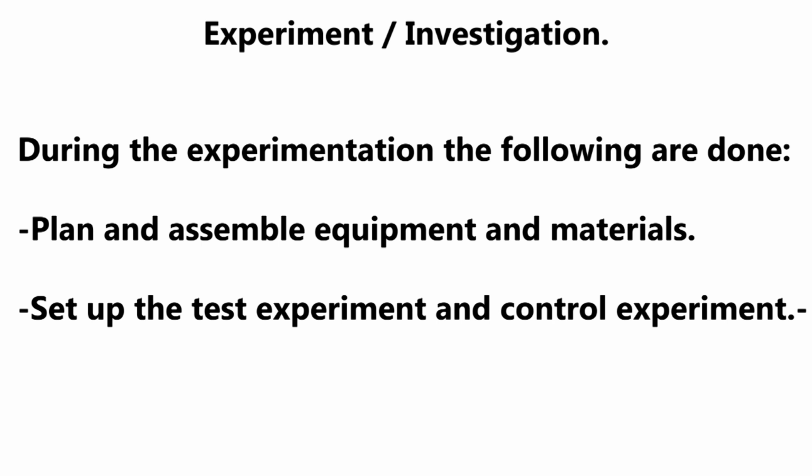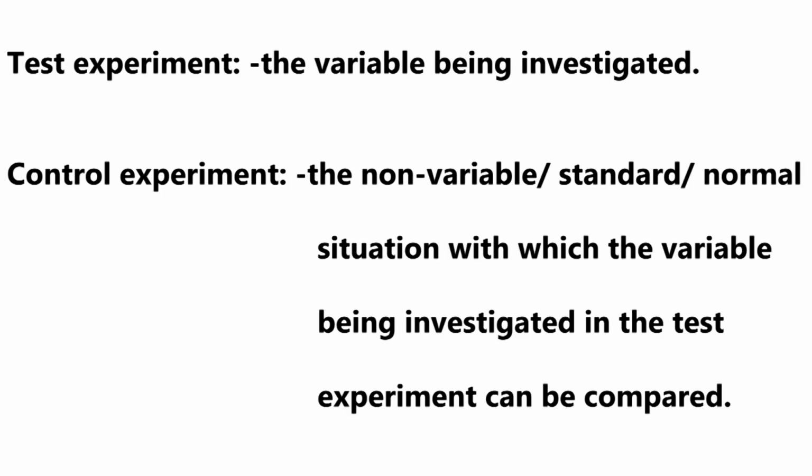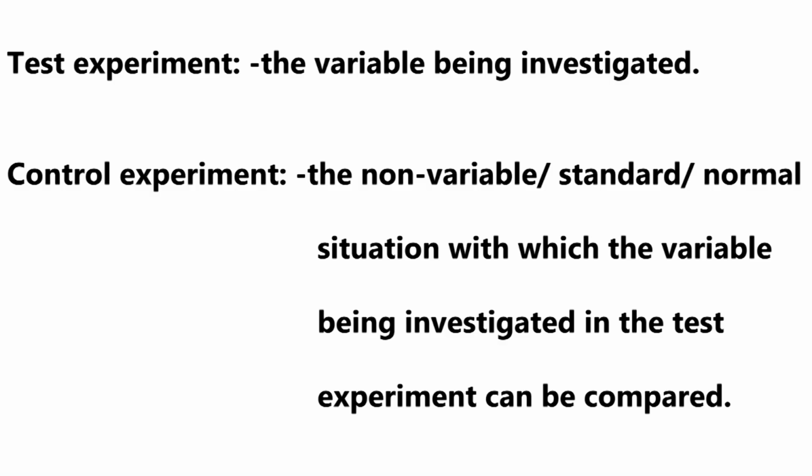Then you set up test and control experiments. What is a test experiment? The test experiment is the variable being investigated. We'll understand what it means soon. The variable being investigated is the test experiment. Then the control experiment is the standard or the non-variable with which you will compare the variable in the experiment.